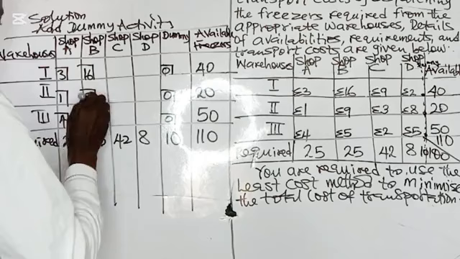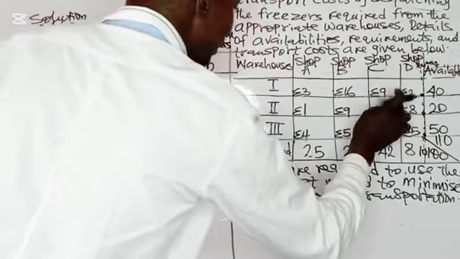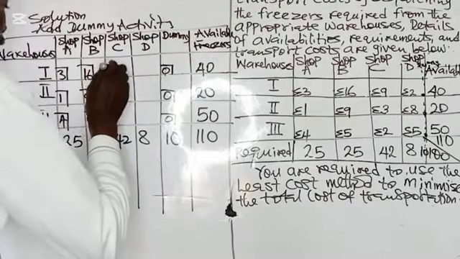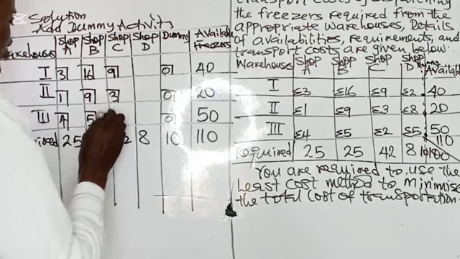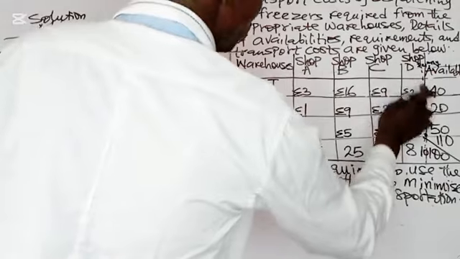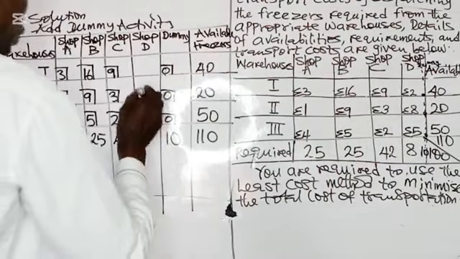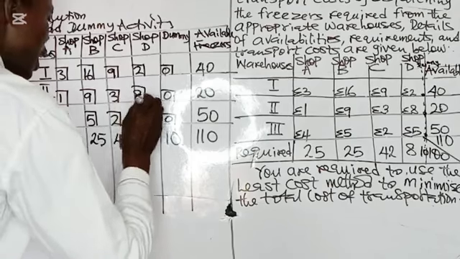Then we have 9, 3, and 2. Then we have 2, 8, and 5.